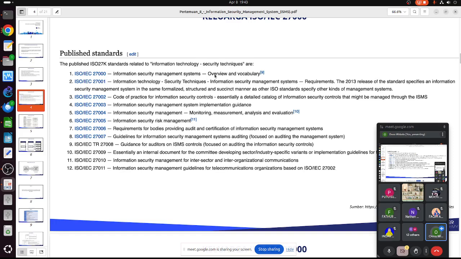27000 itself is basically the vocabulary, the dictionary of the technology. The actual standard is this one, the 27001. Okay.